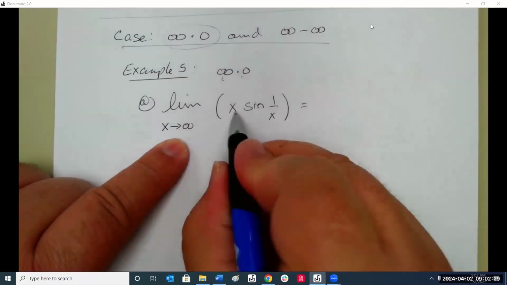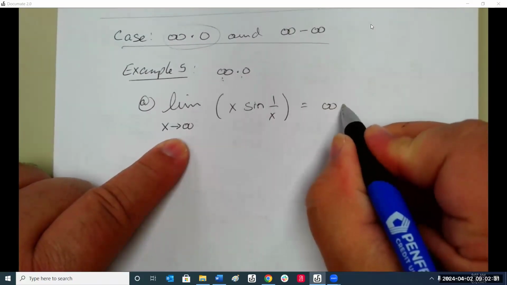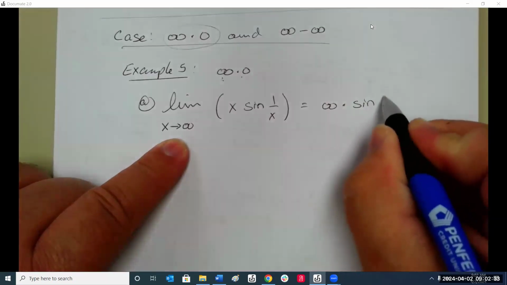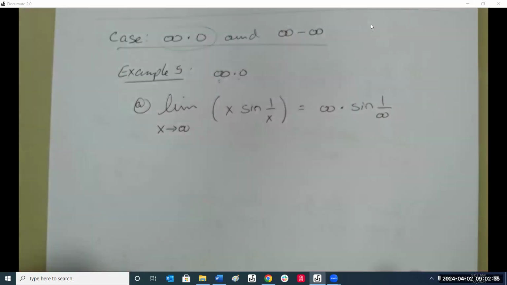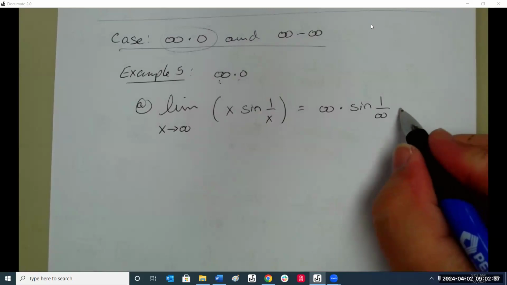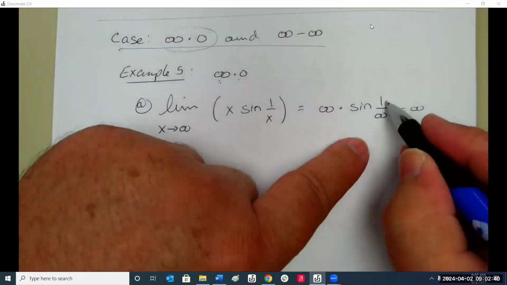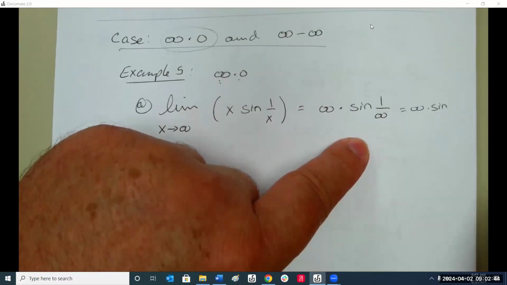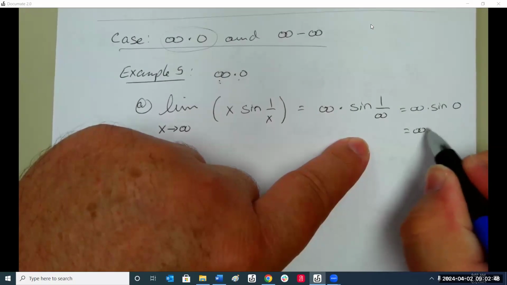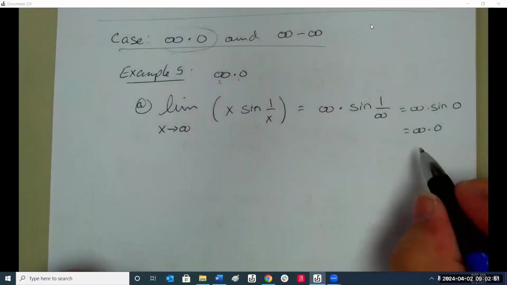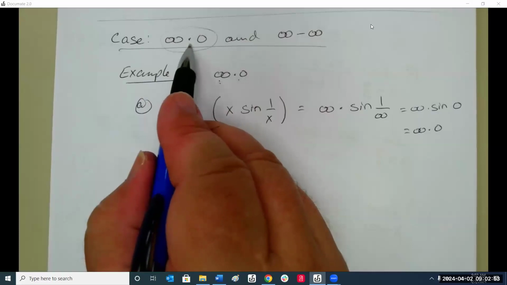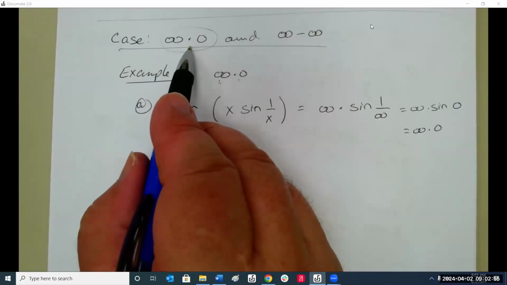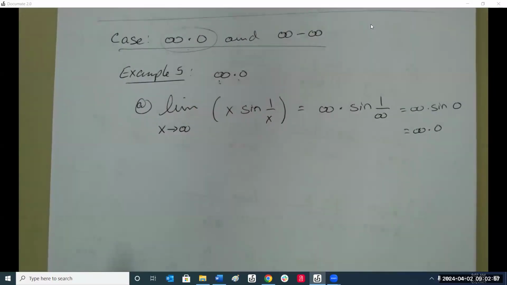If we plug in x, we have infinity times sine of 1 over infinity. 1 over infinity is what? 0. Sine of 0 is 0. So it matches that form. Because of that, we can use L'Hopital's rule.